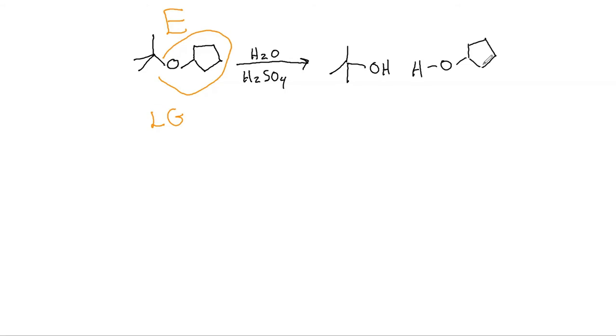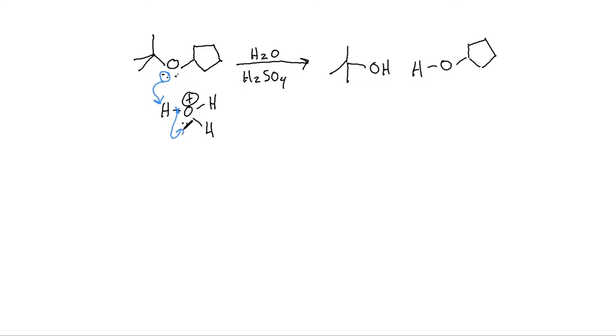In terms of mechanism, we're going to start out, instead of using the sulfuric acid, we can use H3O plus as our strong acid. Remember that when you put sulfuric acid and water together, you really don't have sulfuric acid anymore. You have H3O plus and hydrogen sulfate.